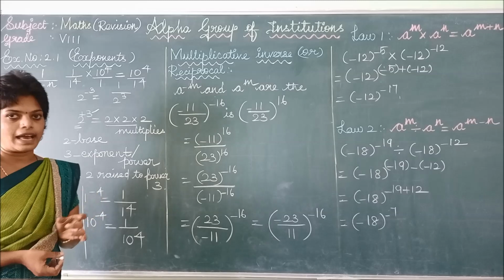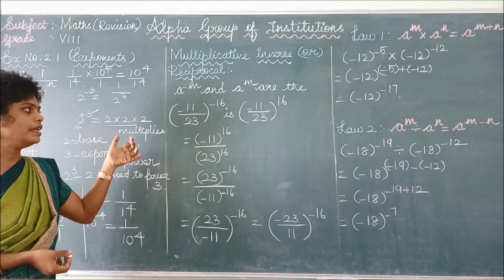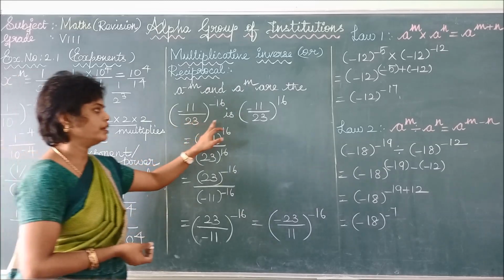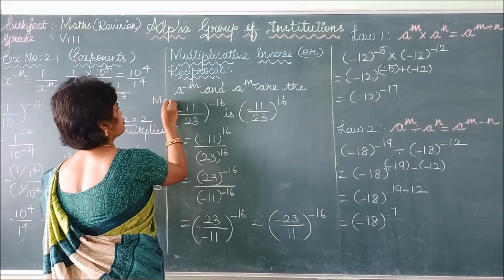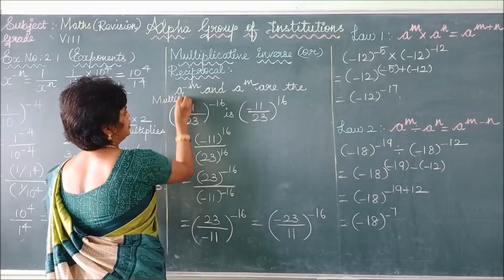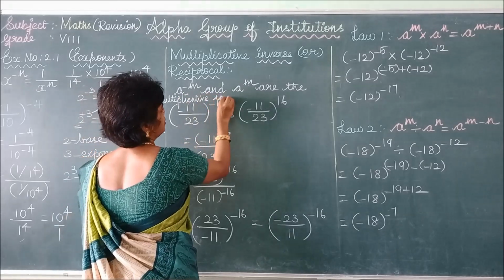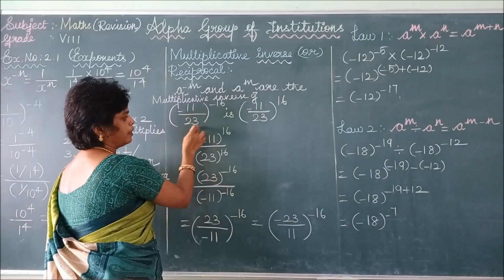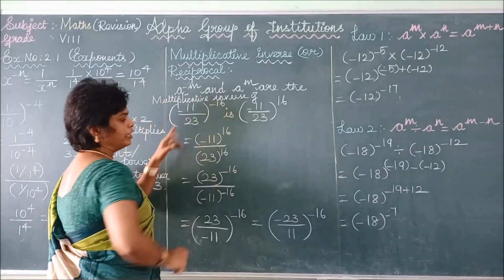If they ask this, you can write the multiplicative inverse of this minus 11 by 23 whole power minus 16.